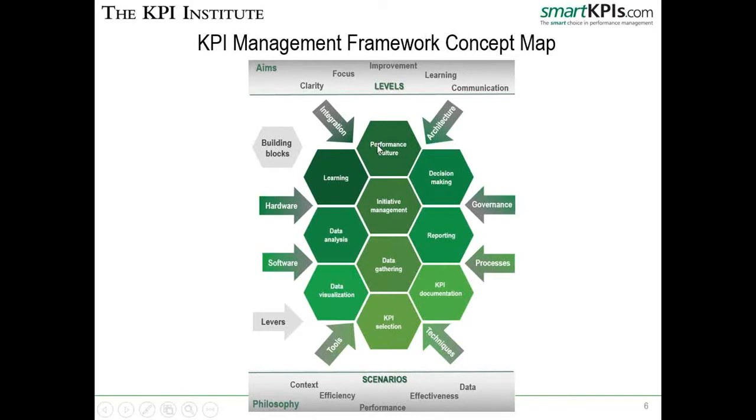All these are impacted by, and in relation with, each of these building blocks, and we can discuss certain levels, such as tools, techniques, processes, governance, architecture, integration, and the hardware and software as enablers of the KPI management process in general.